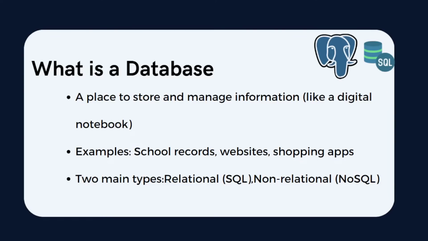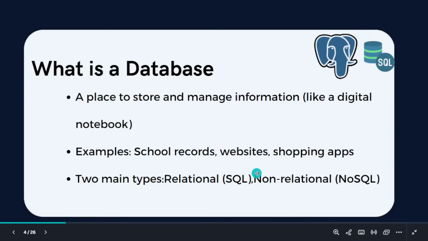In websites also we need to manage data. How? If there is Instagram or Facebook, everyone has a separate login ID, and we need to maintain that login, password and email data. We need to store that data somewhere, so we use PostgreSQL for storing the database. In shopping apps like Flipkart and Amazon, we need to collect customer information and product information.